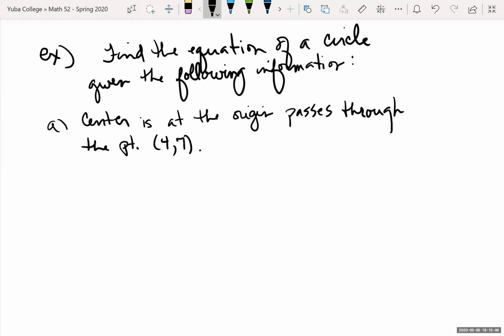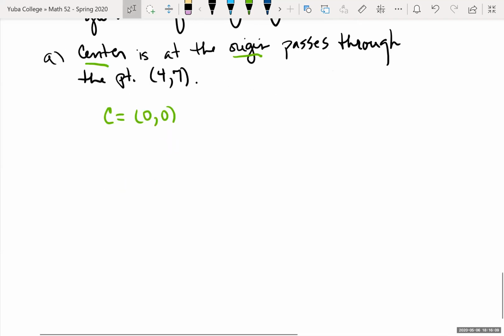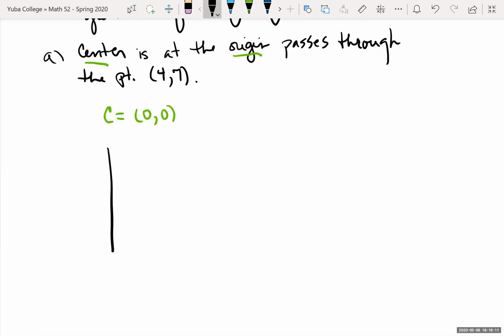So in order to find the equation of the circle, we need 2 things. We need to know what the center of the circle is, and we need to know what the radius is. So it already told me that the center was at the origin. So I know my center is at 0, 0. It tells me that it passes through the point 4, 7 though. So if I graphed what I have so far, so I have 0, 0, I'm going to go over 4 and up 7.